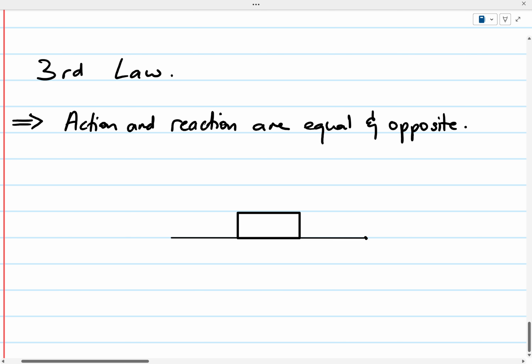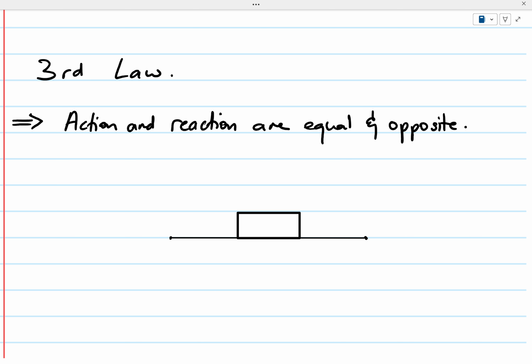Alright? So what forces do we have acting on this box? It's not in motion, by the way. It's stationary, it's at rest. What are the forces that we have acting on this box right here? We have the weight of the object, right?